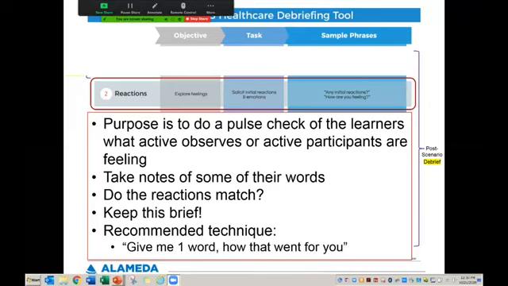So this gives you a window into that. This gives you a little bit of a precursor that more emotions may be coming out throughout the debrief and helps you prepare. It also is really good to be able to refer back to as you go through. So the reactions phase is really important, but as I said, you want to keep it nice and short.